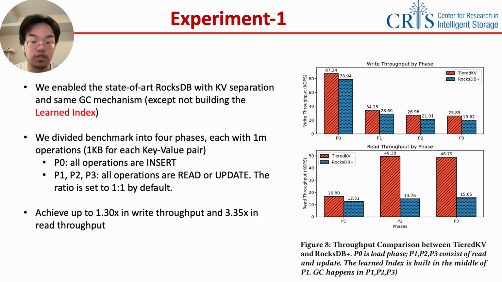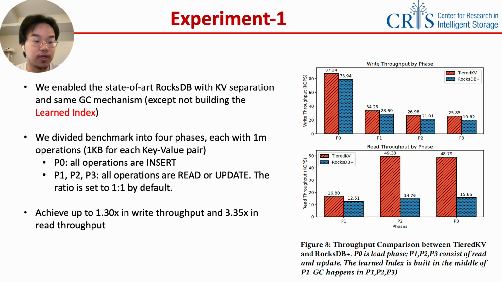In the experiments, we first compare with our baseline, which is RocksDB. We enable the state-of-the-art RocksDB with the same key-value separation and garbage collection mechanism. The only difference is that they do not build the learned index. For the benchmark, we divide it into 4 phases, each with 1 million operations.